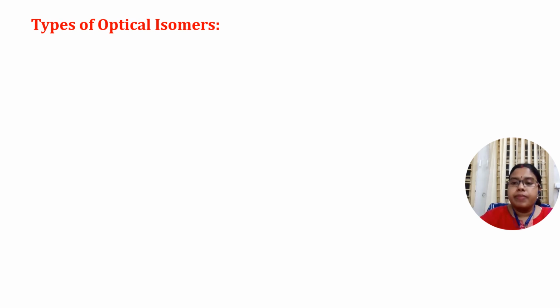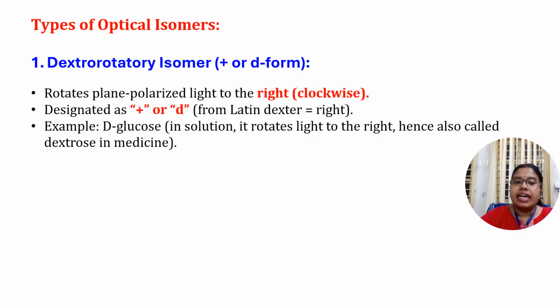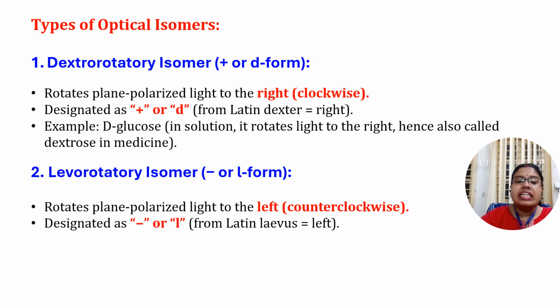The types of optical isomerism: there are two types. One is the dextrorotatory isomer, which is also known as the plus form or D form, and the levorotatory isomer, the minus or L form. Dextrorotatory rotates the plane polarized light to the right side, that means the clockwise direction.